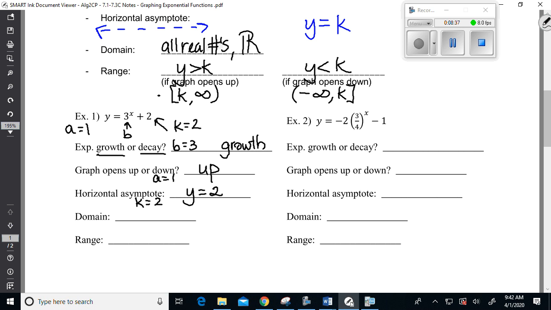Domain is all real numbers. And your range, since the graph is opening up, would be y is greater than 2. And just like that, we've analyzed the graph and done all the parts.